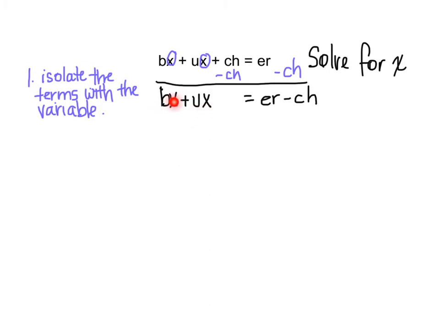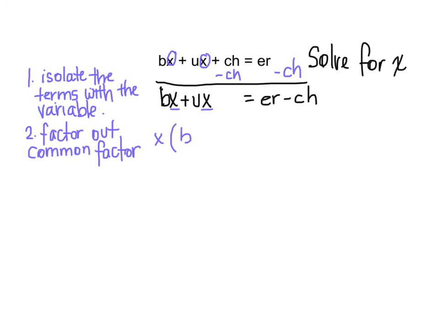So what I need to do is notice that these have a common factor of X, and I'm going to factor out the common factor. I think some of you probably call it reverse distributing. So I'm going to take this common X, and factor it out. I will be left with B plus U. When I reverse distribute, I always then in my mind redistribute to make sure that I did it right.